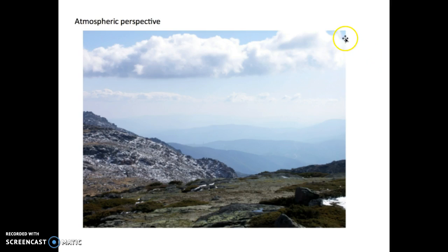If you'll recall from the last video, I talked about ways of creating space in both two-dimensional and three-dimensional works of art. One way of creating space in a two-dimensional work of art is the use of atmospheric perspective. Atmospheric perspective refers to the way in which atmosphere, or haze, relative clarity, changes the appearance of near and far objects.